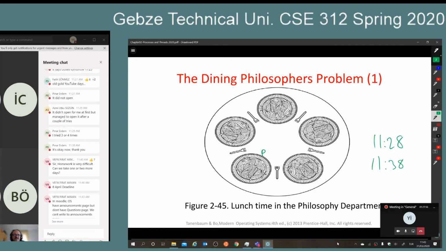There are 5 processes running, and each process needs 2 resources to run. This process needs these 2 resources. This one needs these 2 resources. These could be, for example, printers, plotters, scanners, or maybe a mutex. For this process to run, it needs to get this mutex and that mutex, and it will run. This one will get this mutex and this mutex, and then it will run. So they kind of simplified it.